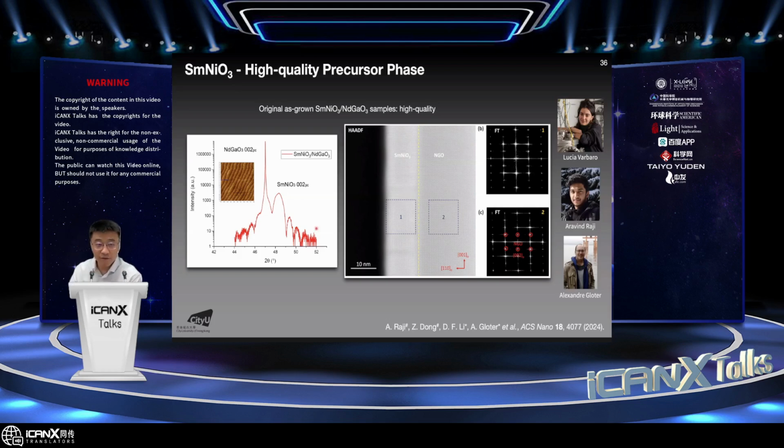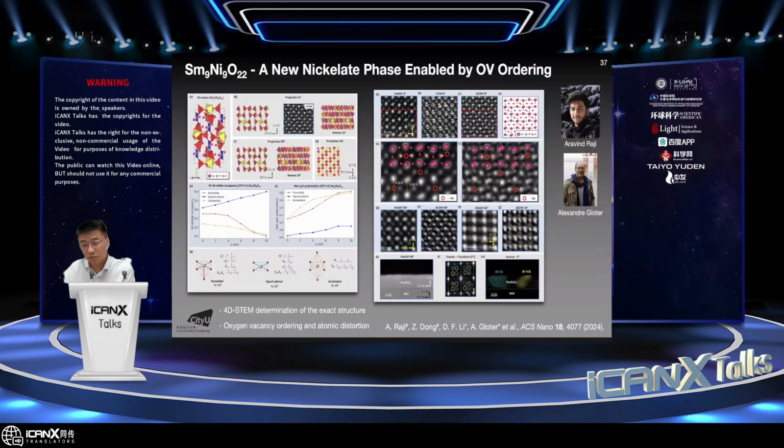And what we found is that we could not bring the material into the infinite-layer phase. So instead, we can create some oxygen vacancies, and these oxygen vacancies are highly ordered.